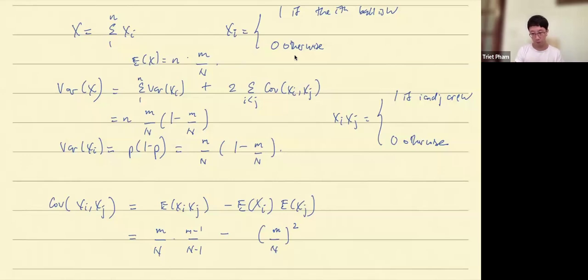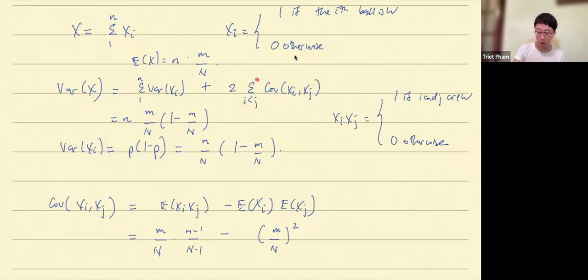Okay, so far? And so every ij has the same covariance like this.